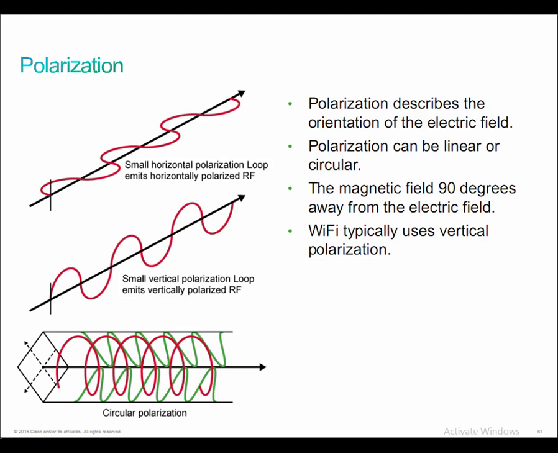Like it says here on the slide, Wi-Fi typically uses a vertical polarization. In a vertical polarization, we use a linear polarization, so the wave goes up and down. Horizontal polarization, the wave goes left and right. Circular polarization, the wave circles as it moves forward.